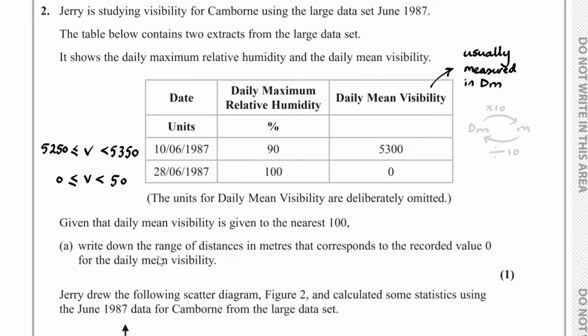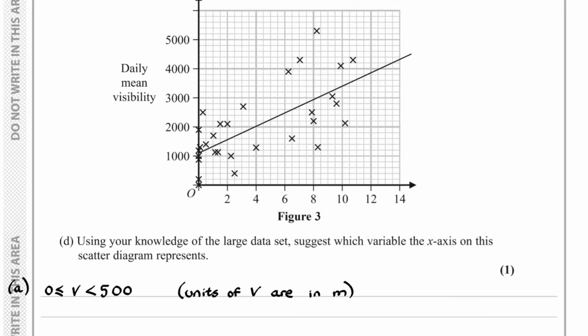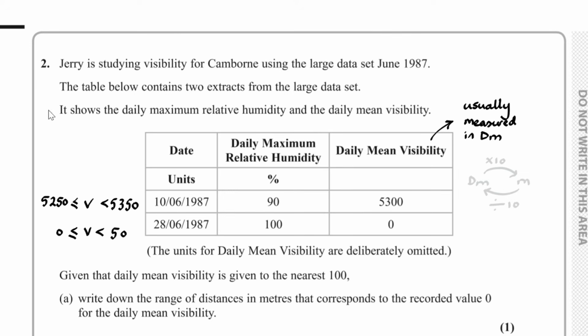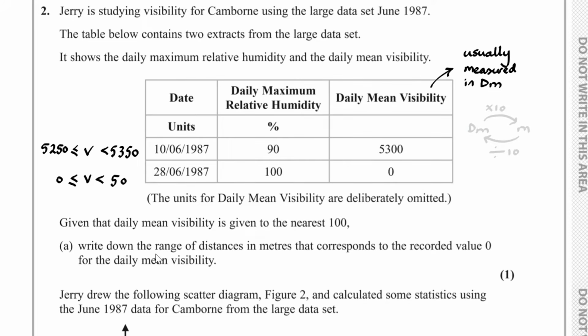And we want to write these values down in meters, so we simply multiply by 10. So we see that the range of values, we have 0, which is less than or equal to V, which is less than 500. Of course, the units of V are in meters. So all I've done is multiplied the 50 by 10 to get that 500.